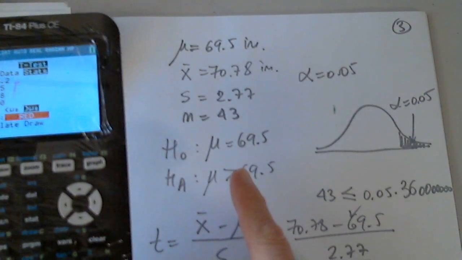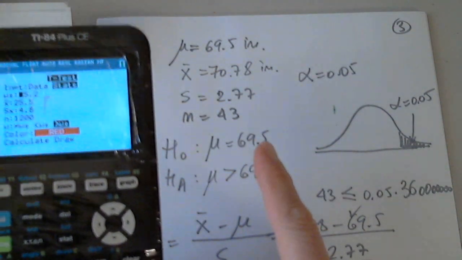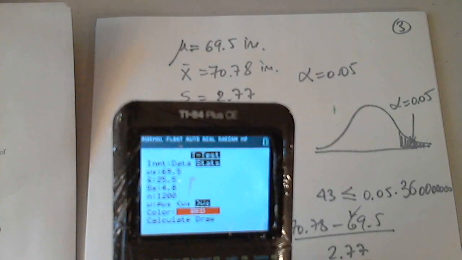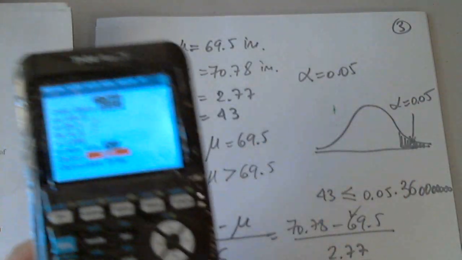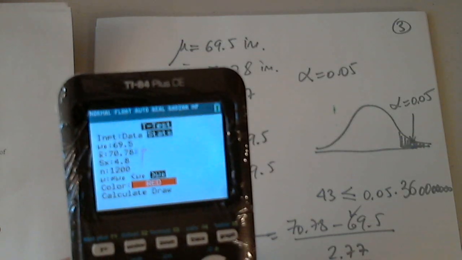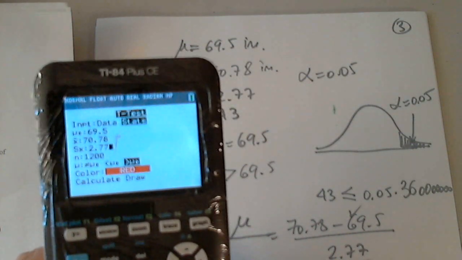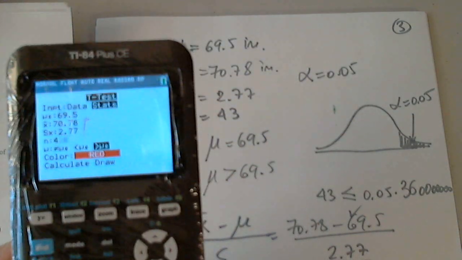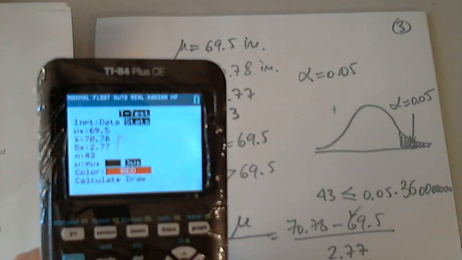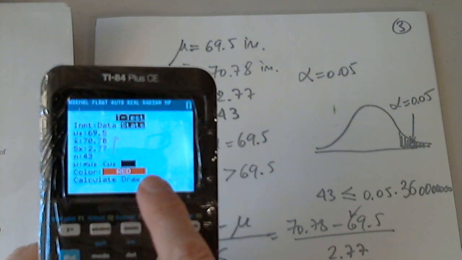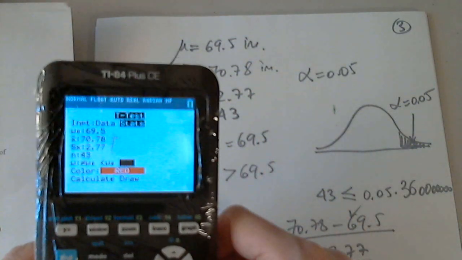So mu sub 0, yes, 69.5. X bar, 70.78. Sample standard deviation, 2.77. Sample size, 43. And the alternative is greater than 69.5.